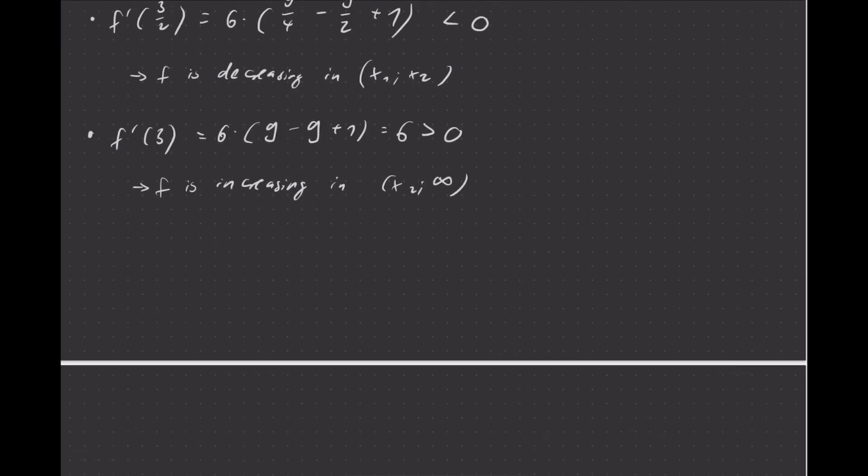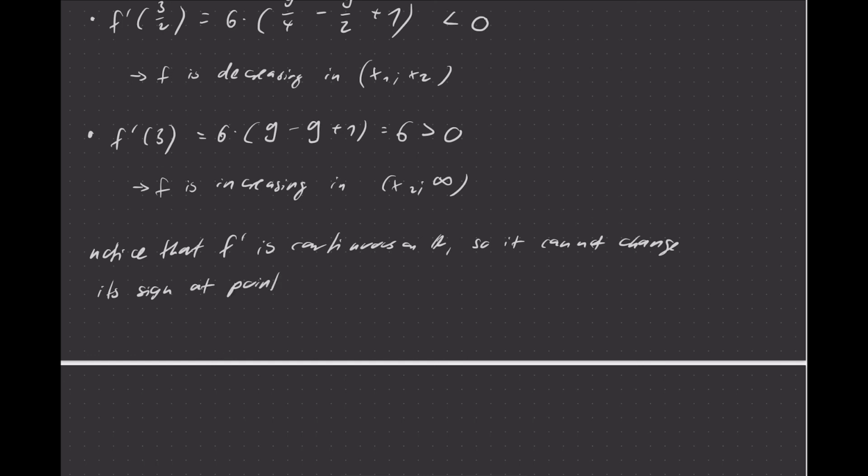Okay, as I said already, notice that f prime is continuous on R. So it cannot change its sign at points other than the stationary points.